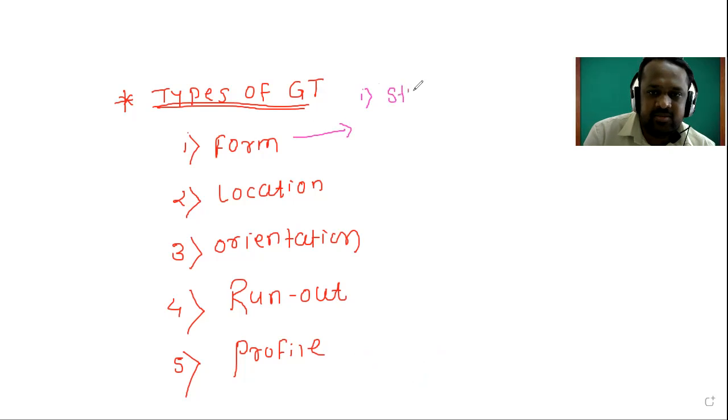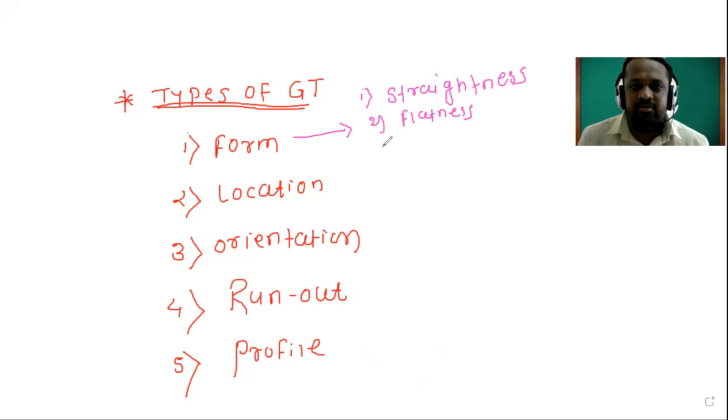Straightness, then flatness. Let me try it in another way. First I will write down here the form type of geometrical tolerance.